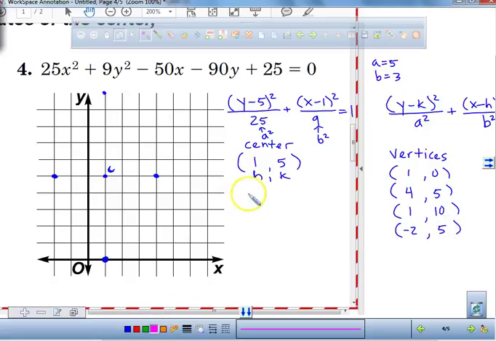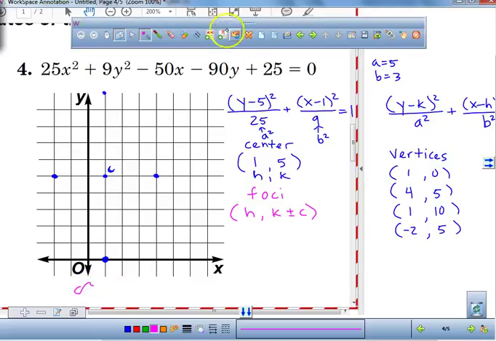What's the last thing that I need to find? The foci. Okay? And the foci are going to be h, comma, k, plus or minus the value that I find for c. Once again, whoa, that's supposed to be c squared. C squared equals a squared minus b squared.